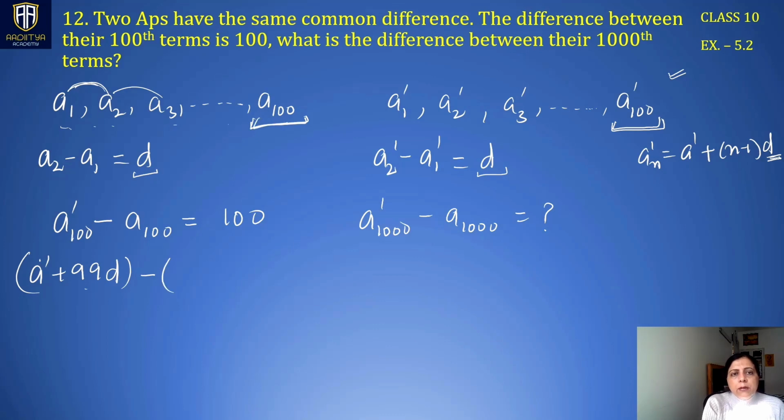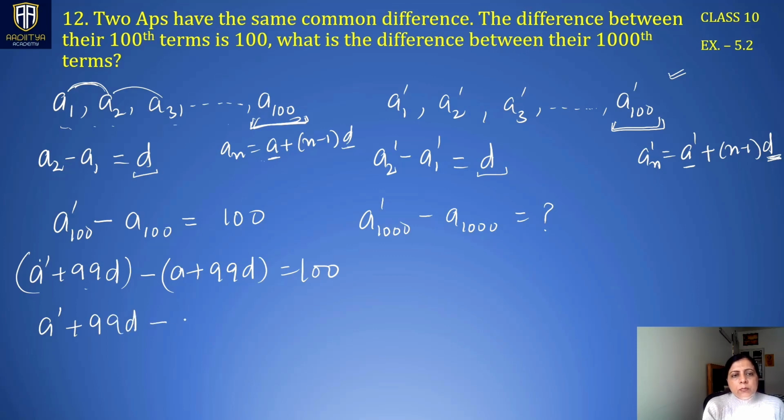A100 will be, An here is A plus (n minus 1) D. Here the basic things are A and D. Here the basic things are A' and D. So A100 becomes A plus 99D. And the difference of these two terms is 100. Now opening this bracket, A' plus 99D minus A minus 99D is 100.